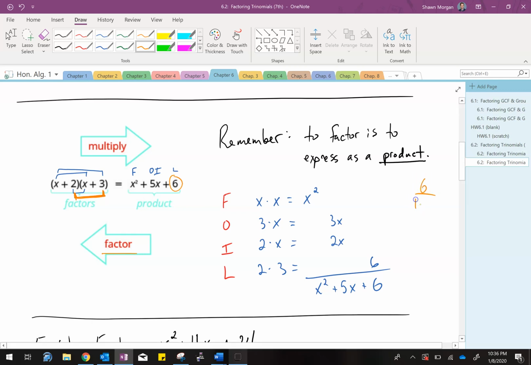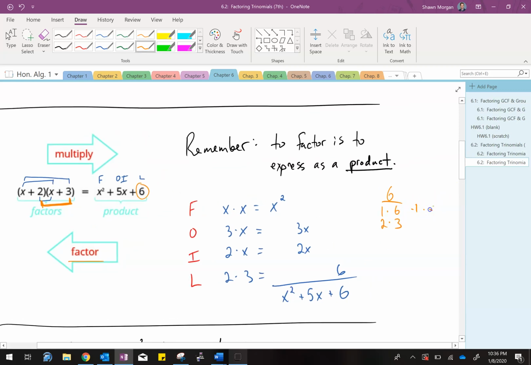For instance, you could have 1 times 6 or 2 times 3, -1 times -6, or -2 times -3. And of those 4 factor pairs, the goal is to get a 5. And so that's why we would obviously choose the 2 and the 3.